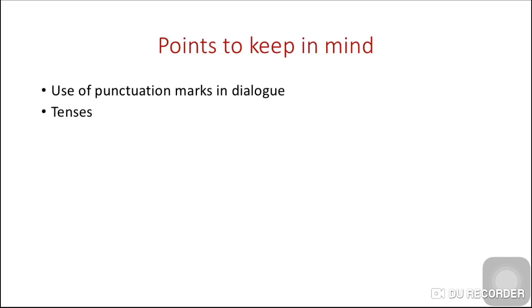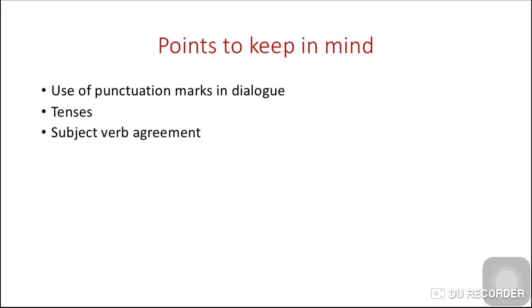The second one is tenses. We should examine the tenses of the sentence. In dialogue writing we should keep tenses in mind, but in the completion of the dialogue they give guidelines in the bracket, so it will be easy to complete the dialogue.